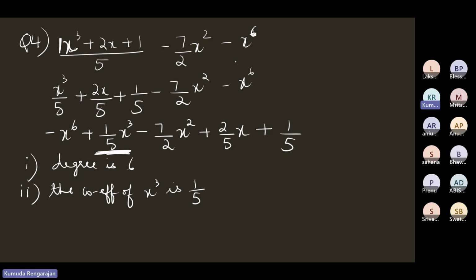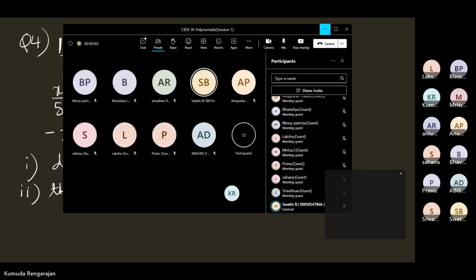Sometimes you might have more than one x term, or x square terms, or x cube terms, so then you'll have to simplify. That's what I told you. When you're given a polynomial, and if it is possible to simplify or express it in a better way, do that first and then answer the questions.